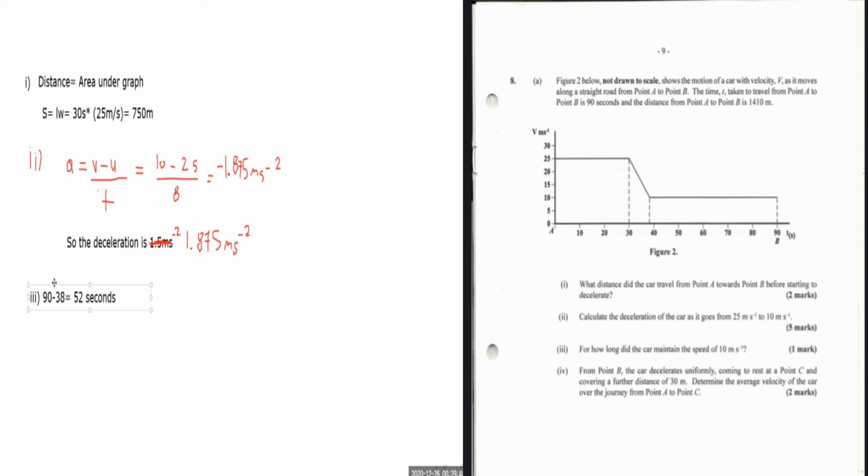And so the car maintained a constant velocity for 52 seconds.